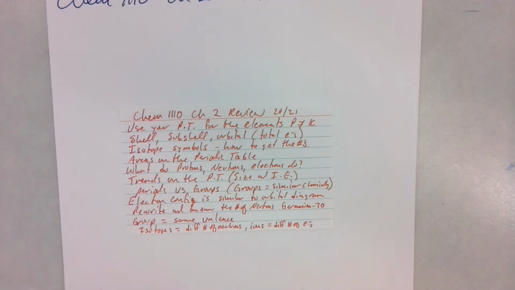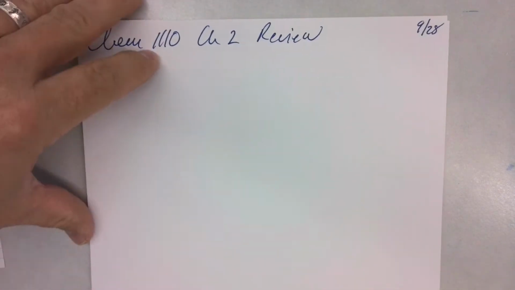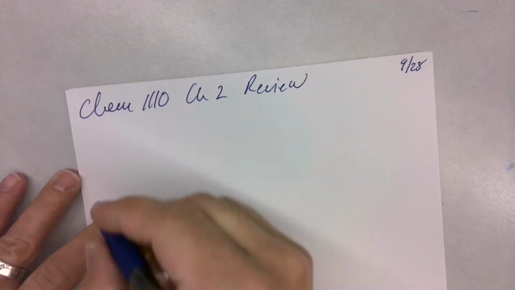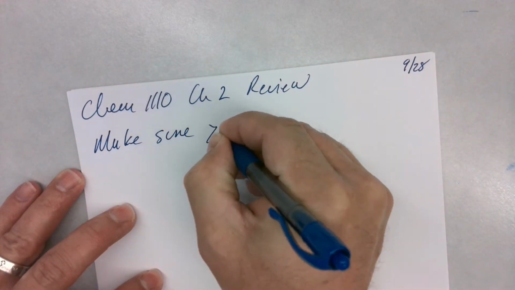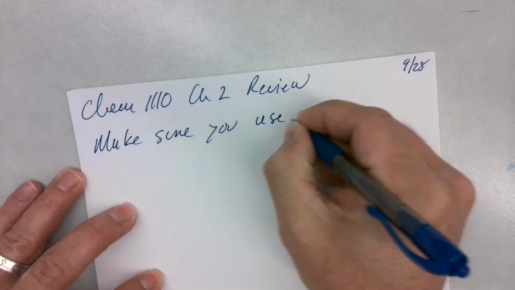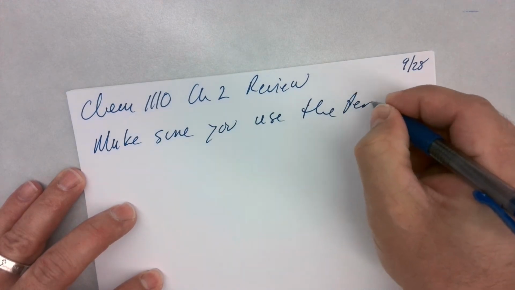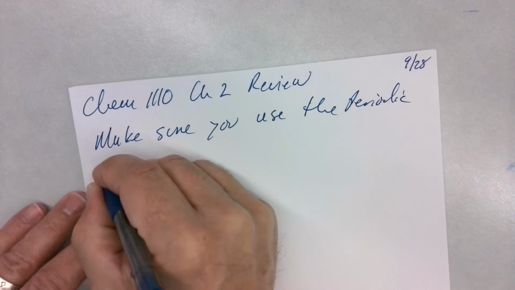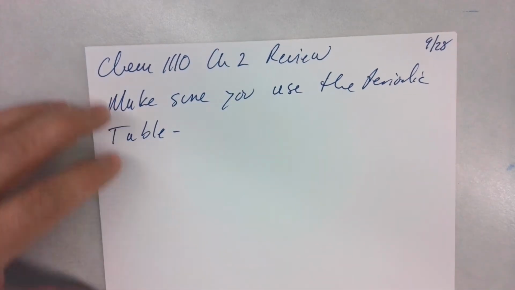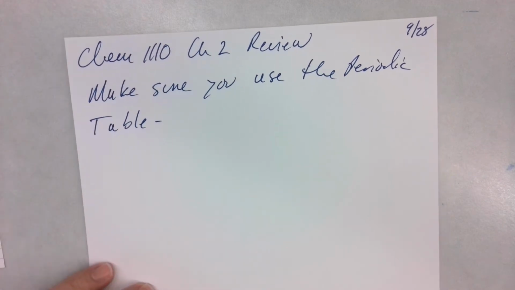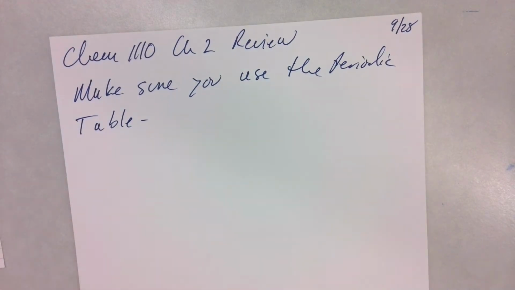So, okay? Alrighty, so first thing I've written down is make sure you use the periodic table. And the reason I say that is because there are probably 6 questions that are directly off the periodic table.